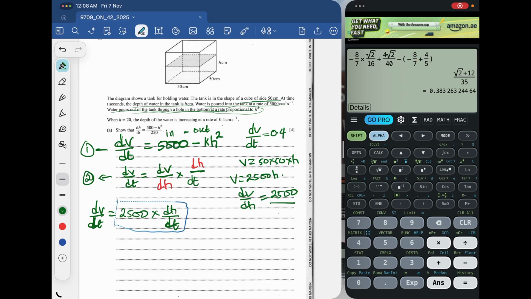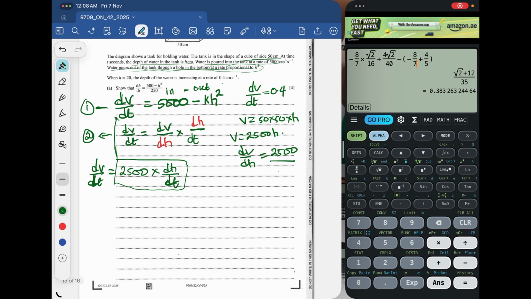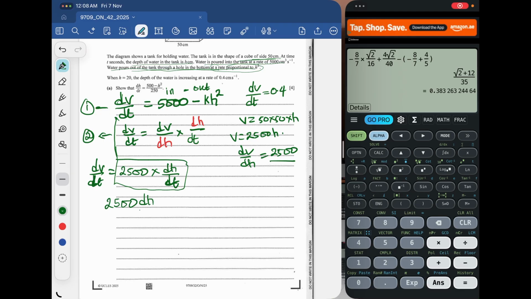So that would be 2,500 dh over dt equals 5000 minus k h squared. Now we have to find k somehow.